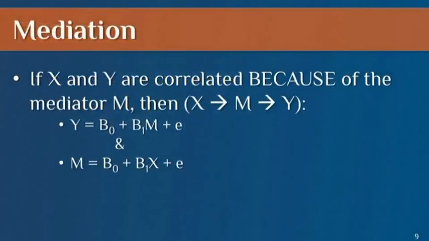If they're correlated because of the mediator, so if working memory capacity is the mechanism through which this effect is occurring, then the threat manipulation x should predict m, and in turn m should predict y.